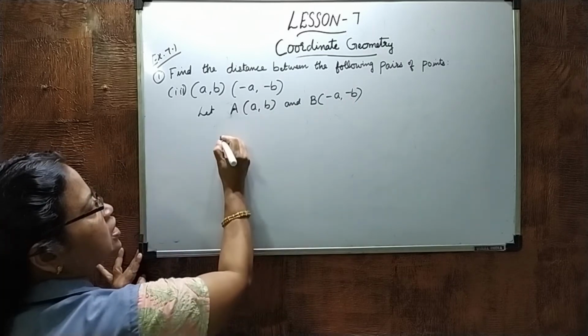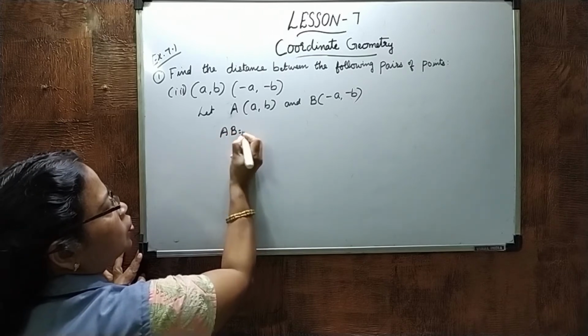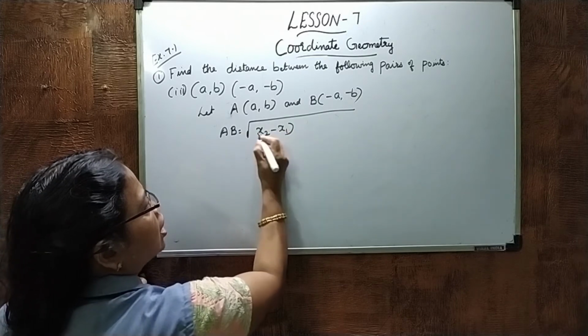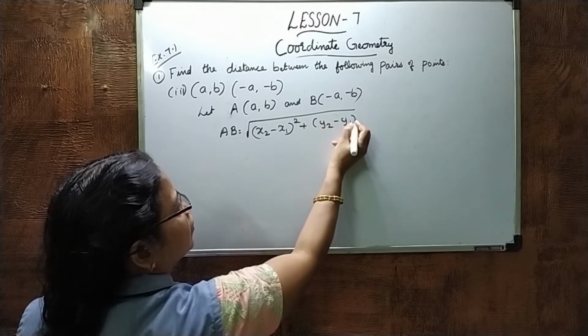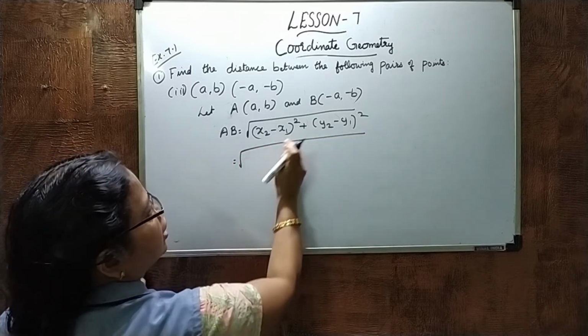What is the distance formula? AB equals root of x2 minus x1 the whole square plus y2 minus y1 the whole square. Now equals root of x2 is here.